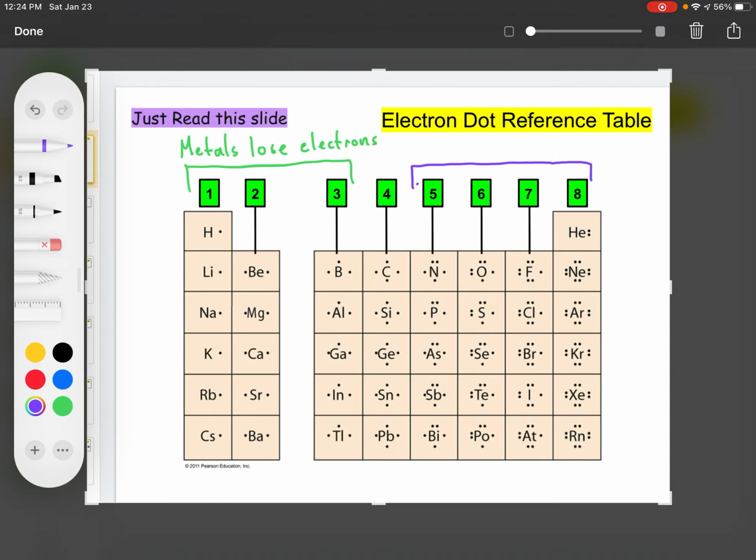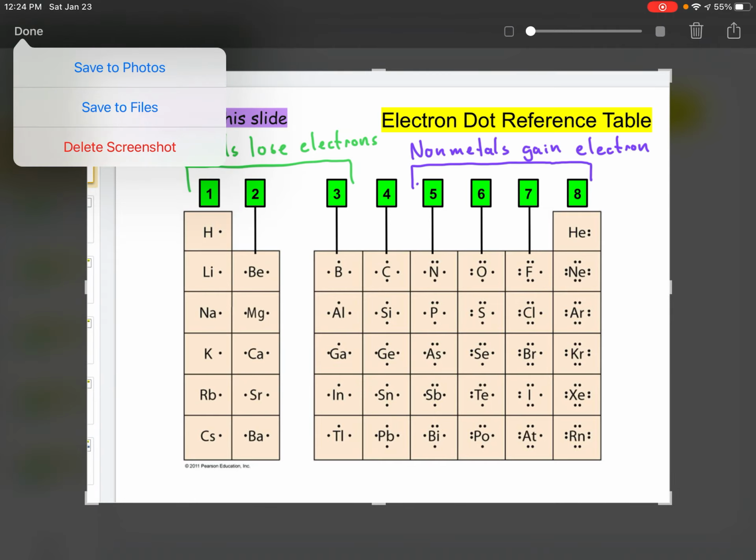They form covalent compounds, and we'll be talking about that more at another time. These guys here are nonmetals, and they will gain electrons to form an octet, except the noble gases don't need to. We're going to show that ionic compound formation using some diagrams, because diagrams help us learn.